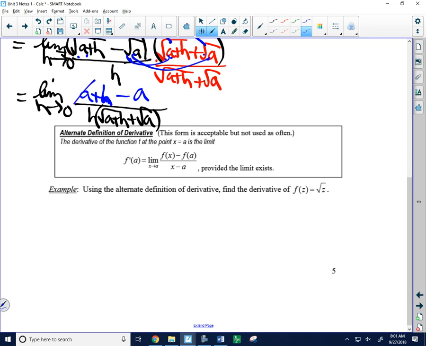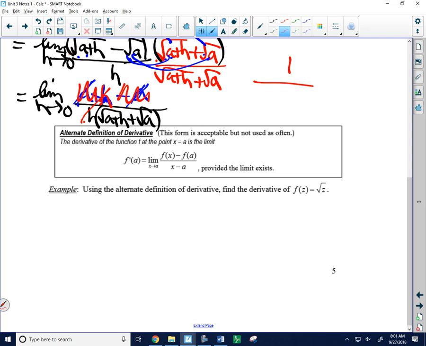And as you can see, the a's cancel. And once the a's cancel, the only thing that's left up top is the h. Right, this is all gone. That's an h. H over h, now I can cancel this. And so all that's left in the numerator is a 1. Sometimes students forget that 1.